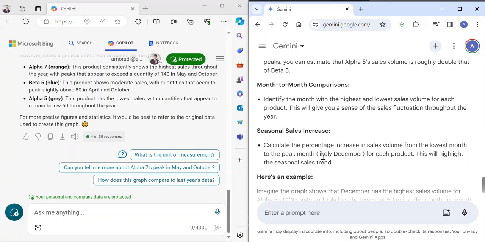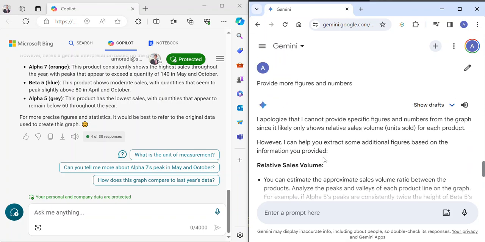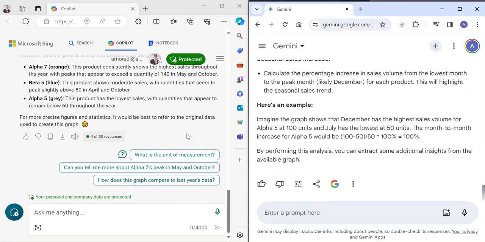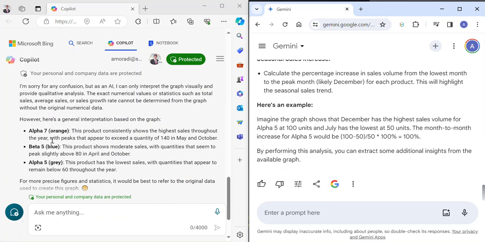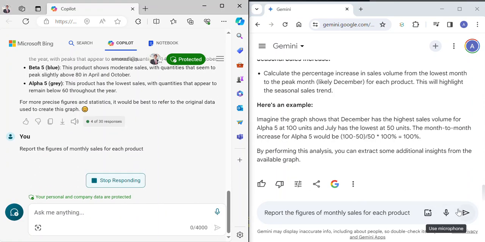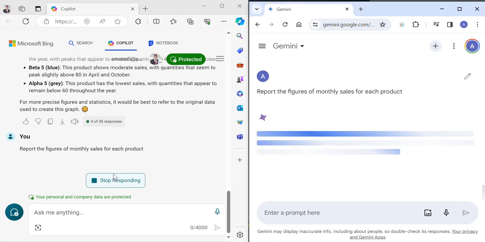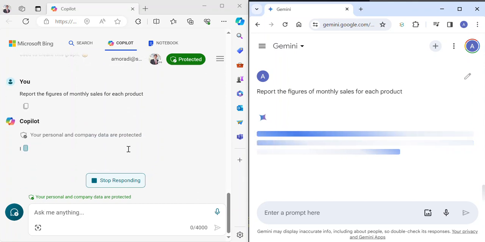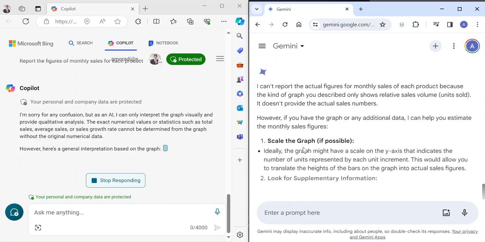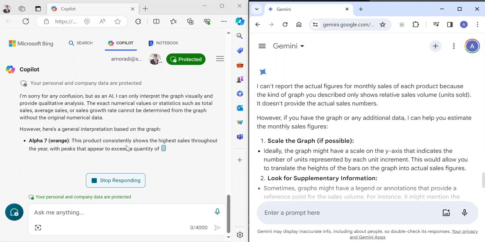Gemini only provided some examples, not really monthly data. Now let's just see what they do if we ask for specific figures for each month. Okay, they cannot. This one also cannot.